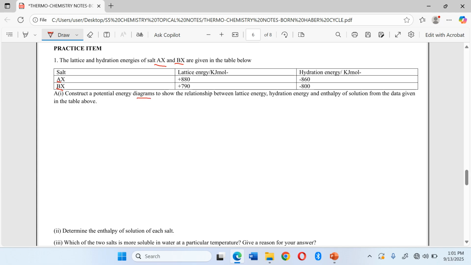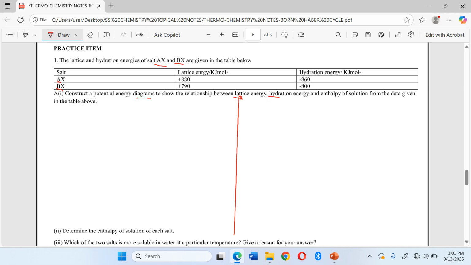They're saying potential energy diagram to show the relationship between lattice energy, hydration energy, and enthalpy of solution from the data given in the table. So we are going to have two diagrams. One is going to be showing the one for salt AX, and the other one will be showing the one for salt BX.